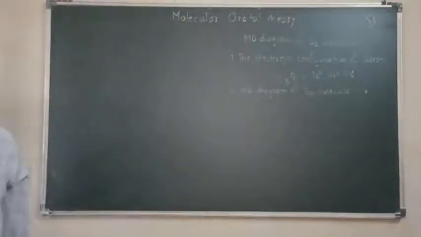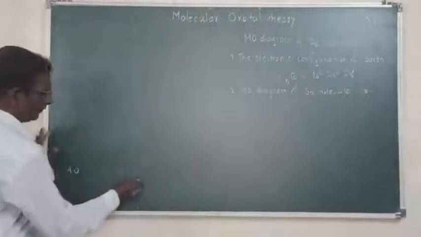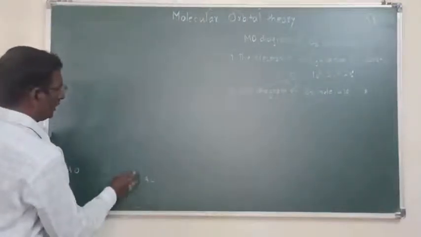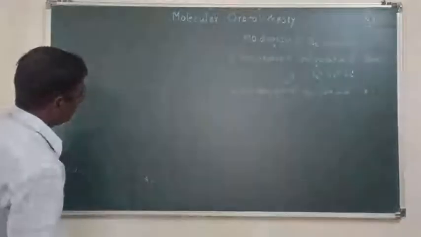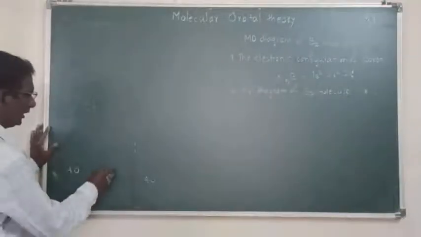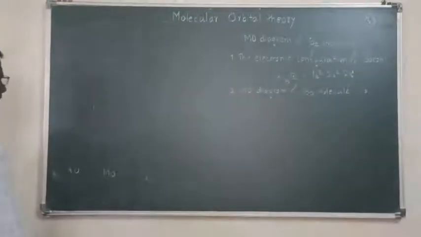To the left side of this diagram are atomic orbitals. To the right side, atomic orbitals of the other boron atom. In the central part or middle, molecular orbitals.